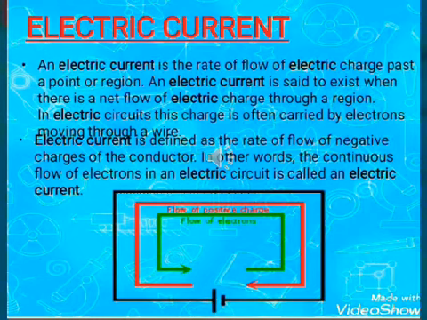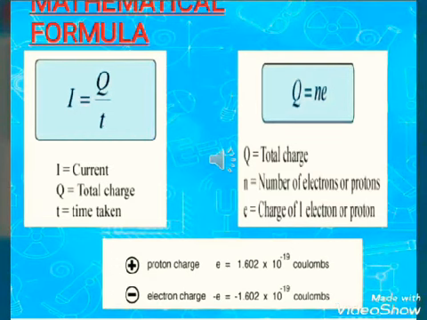Kindly click for the next slide, which gives the mathematical formula of electric current. Here are two formulas and the charge on electron and proton is given in this slide. You can utilize it in your numericals. Kindly click for the next slide.